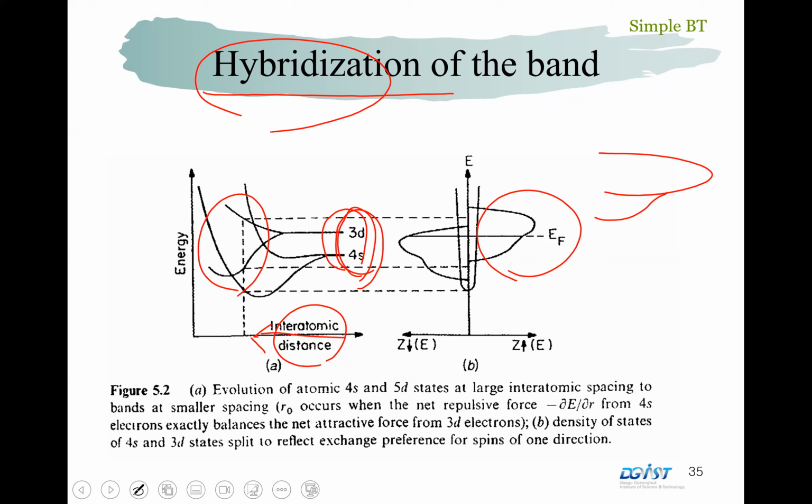But for simplicity, we can say this band has a D band character with a small S band character. You can imagine what that means. The D band means it's very well localized, but the S band means it's itinerant. So the electrons belonging to this band are usually localized, but sometimes they can move, right?